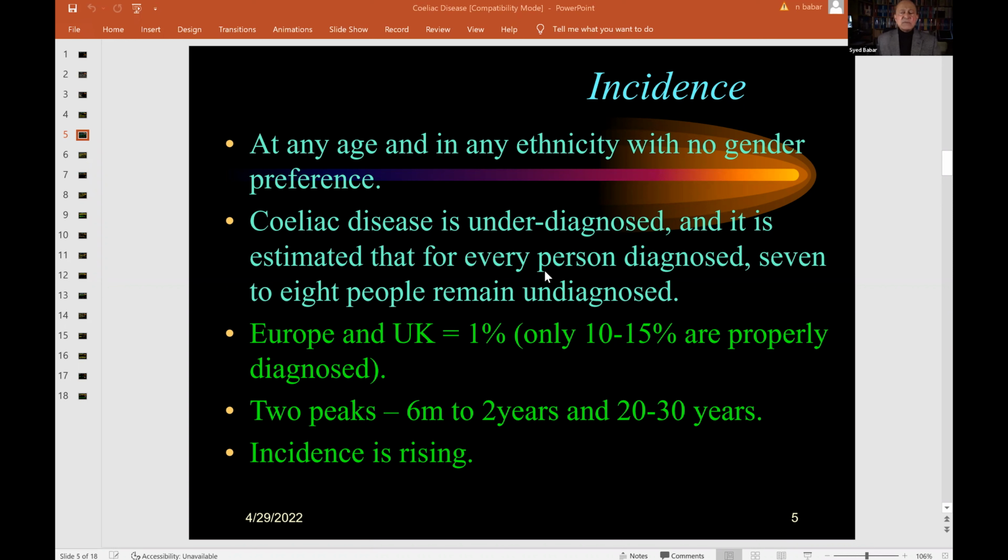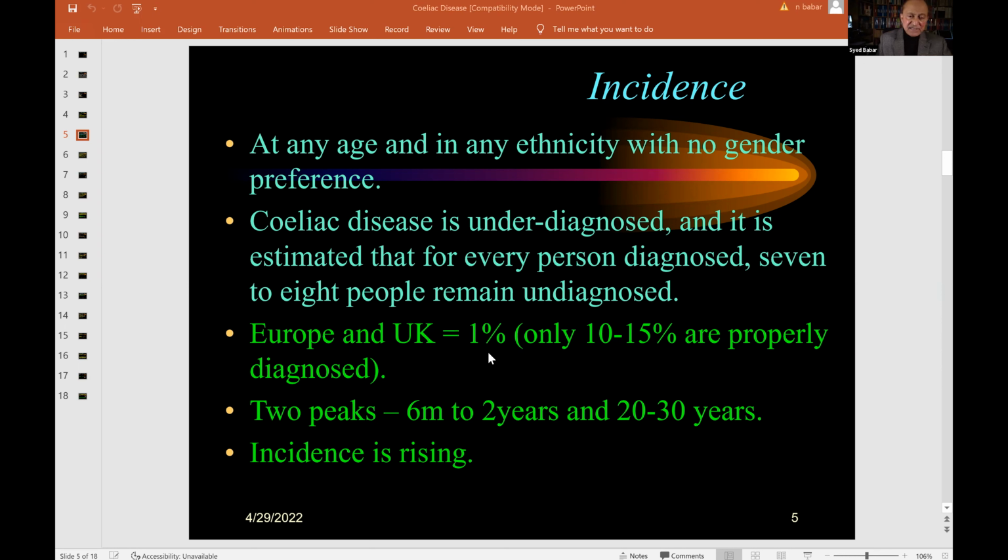So it is impossible to confirm the incidence, but in general, it is said from a number of studies that both in Europe as well as in the UK, about 1% people suffer from celiac disease. However, of this number, only 10 to 15% are properly diagnosed. The rest do not have diagnosis made.